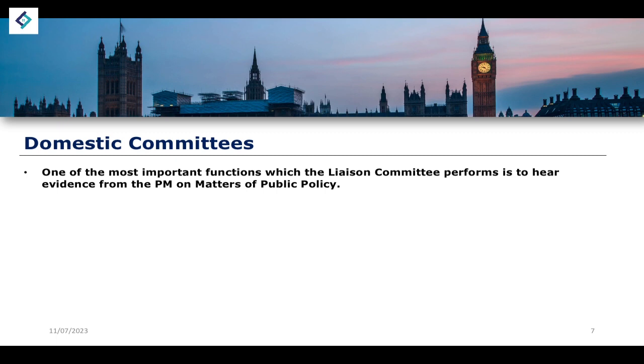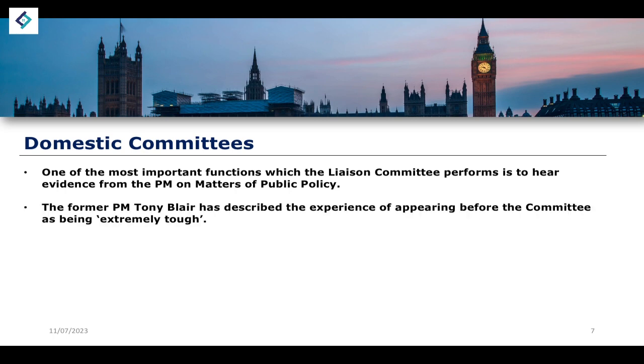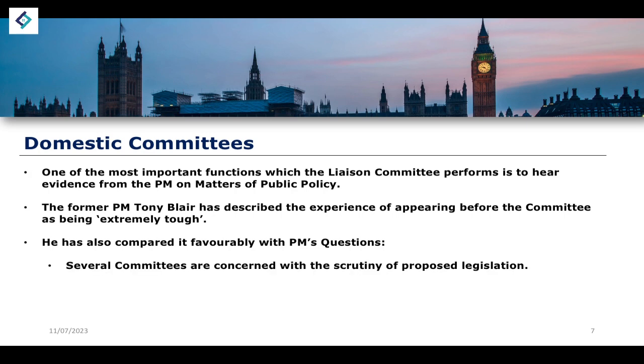One of the most important functions the Liaison Committee performs is to hear evidence from the Prime Minister on matters of public policy. The former Prime Minister Tony Blair once described appearing before the Liaison Committee as, quote-unquote, extremely tough. He has also compared it favourably to Prime Minister's Questions.